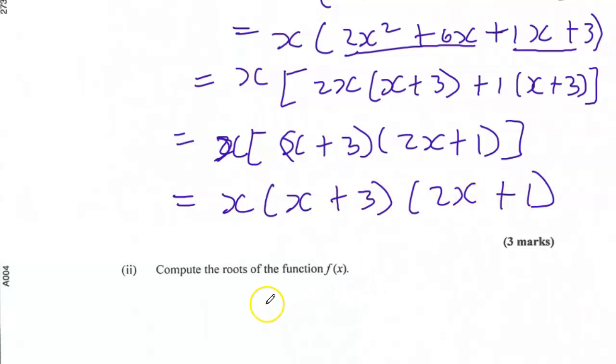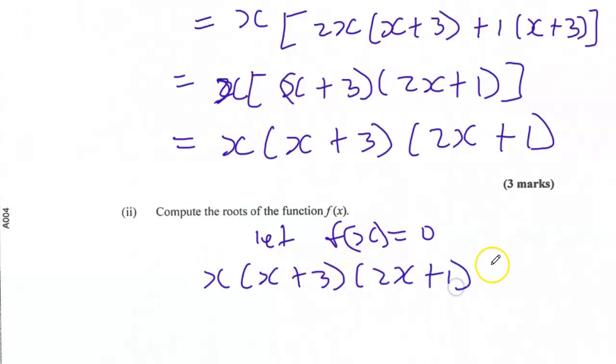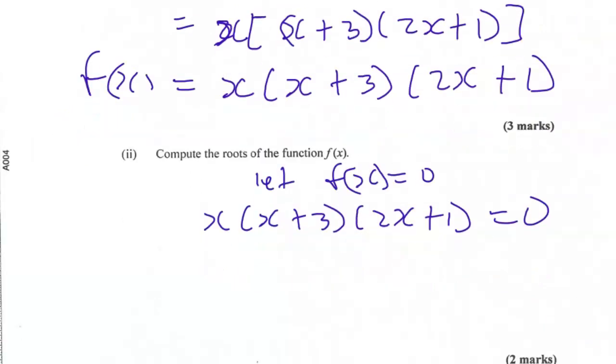So we're going to equate. So if we let f of x be 0, we just rewrite the function using these factors. So we're going to write x, x plus 3, 2x plus 1 is equal to 0. So remember this was f of x. So we equate each factor to 0 and solve.